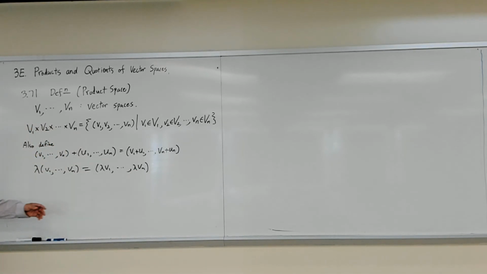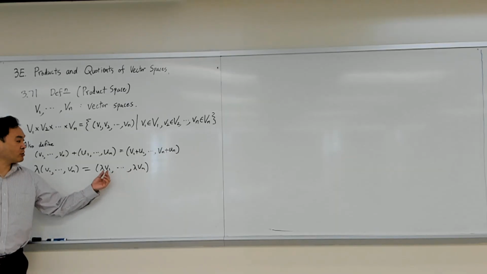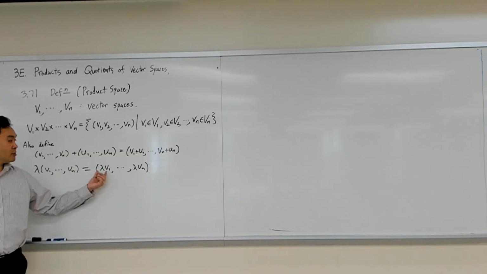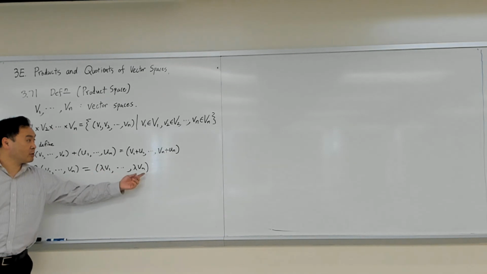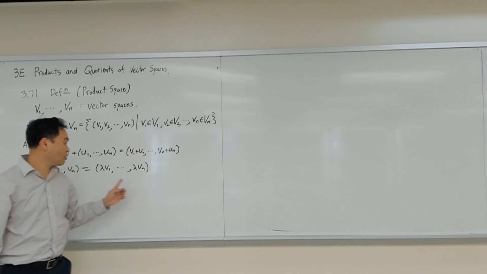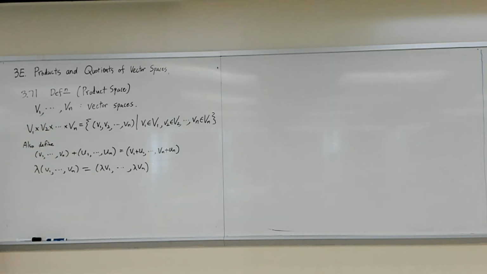And again, because each of these are vectors in vector spaces, and vector spaces are closed under scalar multiplication, all of these are individually in all these vector spaces, so this resulting element does lie in this product space. So using this vector addition and scalar multiplication, you can check that this set with these operations satisfies all the axioms for being a vector space.